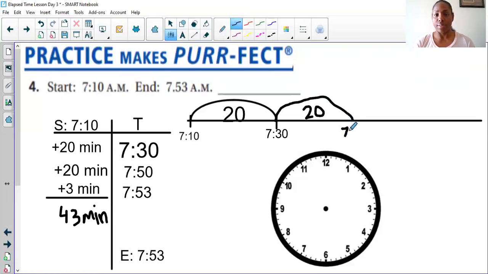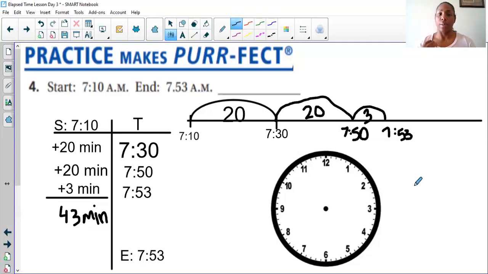And I know that I've stopped at 7:50. Now I just know I need to make another jump. This time it's going to be 3 minutes, because remember, we're trying to get to the time of 7:53. Then I add that up, and I get my time of 43 minutes to get from 7:10 to 7:53.